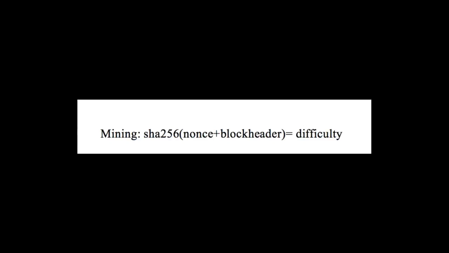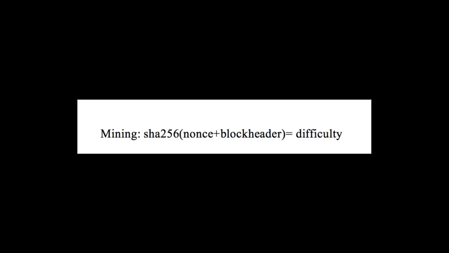So a nonce is just a random number that they choose, right? And what they're doing is they're adding a nonce to the block header, and then they're hashing it, SHA-256. Actually, I guess for Litecoin it's Scrypt. Sorry about that.